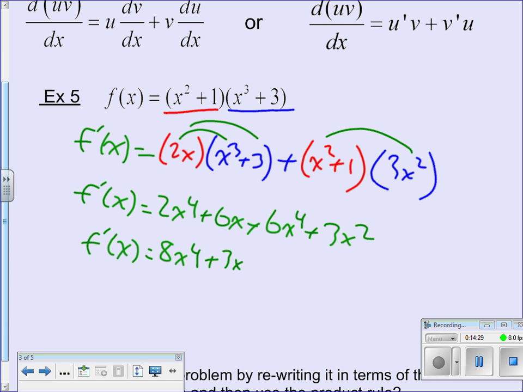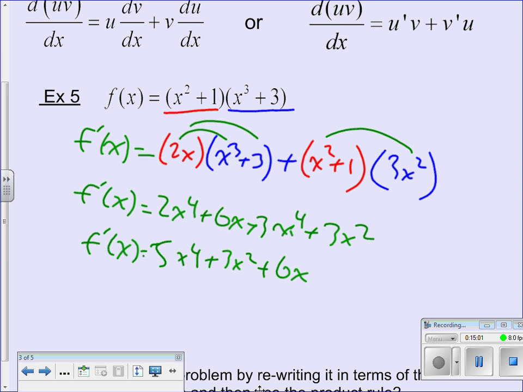Plus 3x squared plus. Oh, that should be 3x to the 4th. My bad. So yeah, that should be 3x to the 4th. So this would be 5x to the 4th. Thank you.